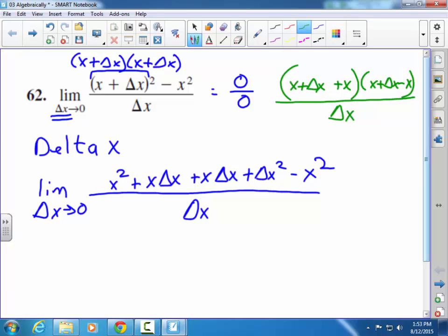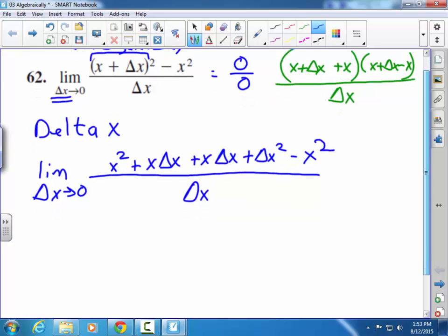He took this top thing and saw it as something squared minus something squared and just factored it. You'll get to the same place. Either way that you worked it is all right. I'm going to continue working in the blue area, and we'll pick up with the green in a moment. So, all right, we've squared this out.